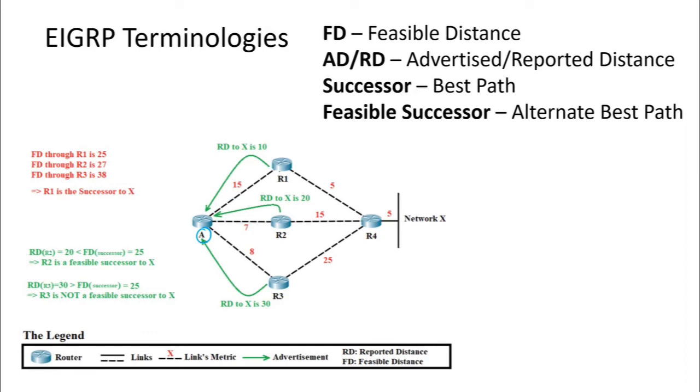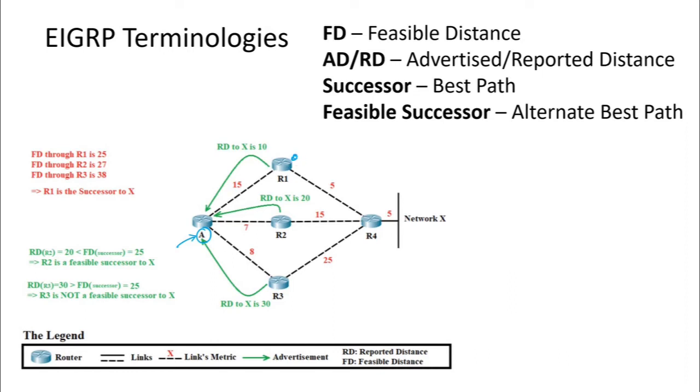Next router is always R1, R2, and R3. So they are the advertised distance from the nearest router, or we can say the one hop away from the main router. So our main router, or the point of focus, is our router A, and the next hop is router 1.